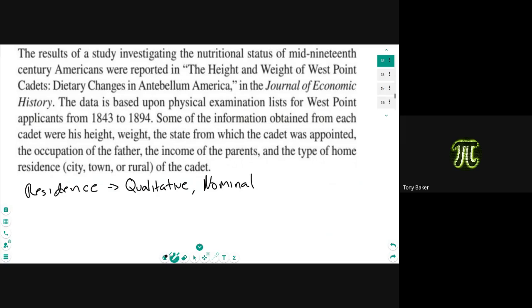What's another data point? Weight. I might actually do height and weight in here because they're both going to be the same thing in this situation. Qualitative or quantitative? Quantitative.